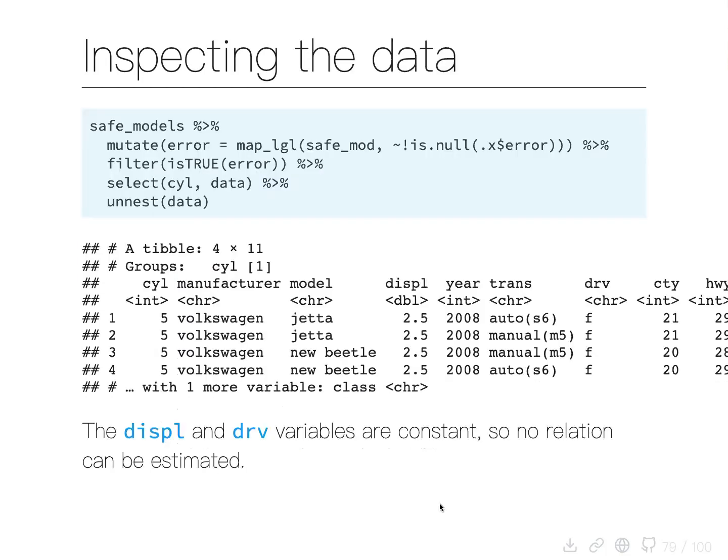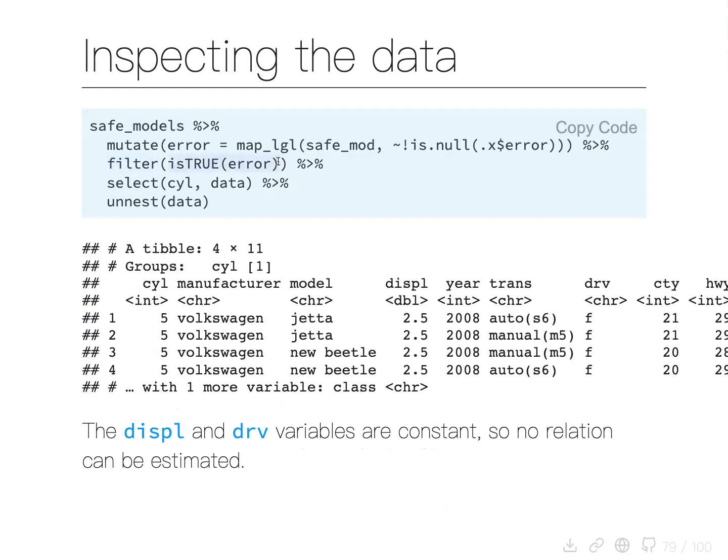I can then from there use that column to inspect the actual data that it's trying to apply the function to and see if I can figure out what's going on. So I have my safe models. I have this part that I just walked through to get if there's an error. And then I'm going to say filter is true error.